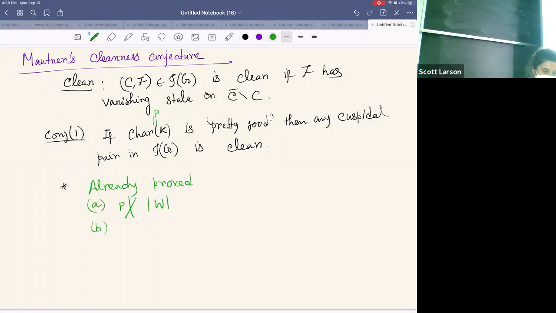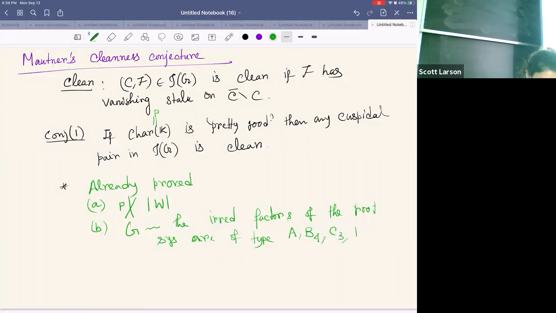Second, if for the group G, the irreducible factors of the root system are of type A, B4, C3, and D5, and also of exceptional type, then it is also true.